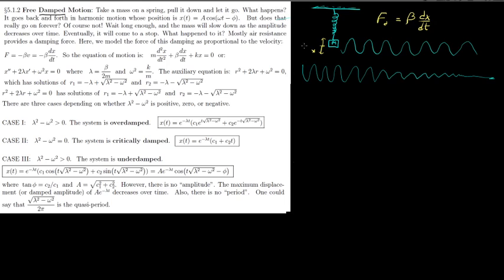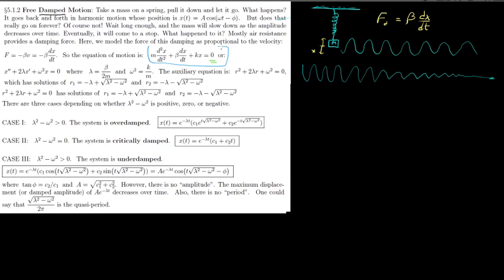It's still free motion because we don't have a force driving this motion back and forth. In other words, we pull it and then let it go, or we push it and then let it go. So we're going to get 0 on the right side here, and these are still homogeneous equations. What you get is this differential equation here.